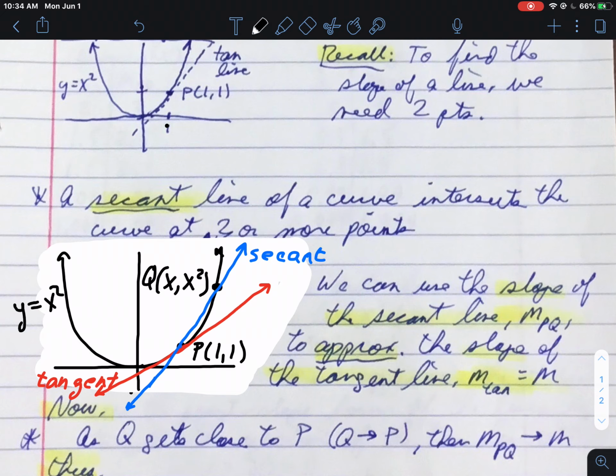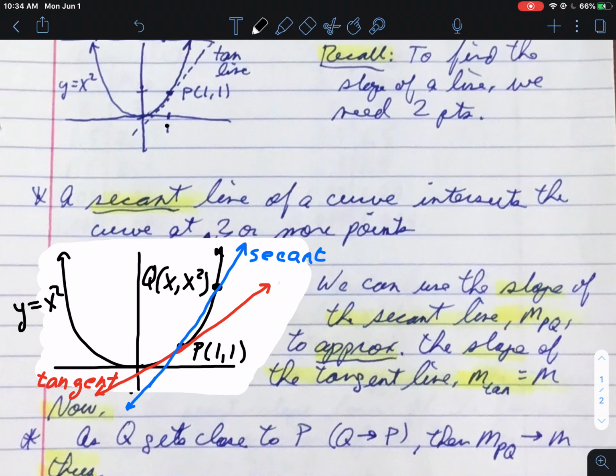And then I chose a second point. Now, I called that point Q. I just randomly chose, or you could choose any point to be point Q, the second point. What are the coordinates of that point? Well, it's whatever the x coordinate is that we choose it to be. And since our function is y equals x squared, then the y coordinate is x squared.